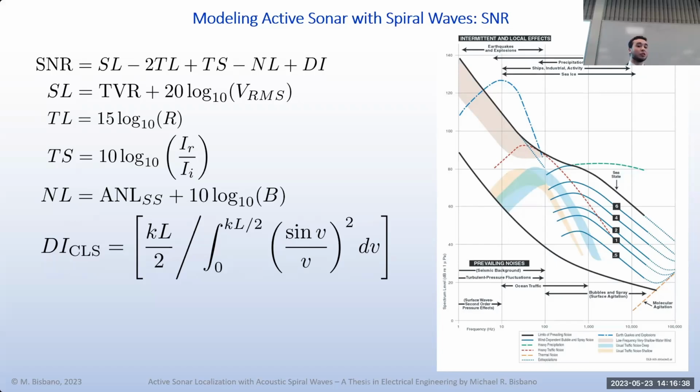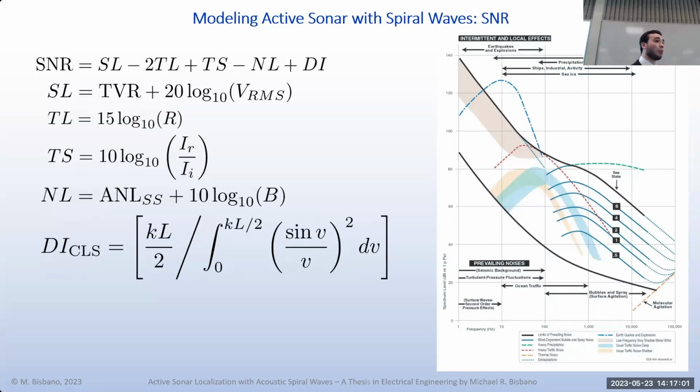That's your transmission loss. There's target strength, which is the ratio of reflected intensity off of a target in comparison to the intensity impinging on the target. For the small targets I'm working with, that's usually very small, like minus 30 dB or so for what I'm testing.